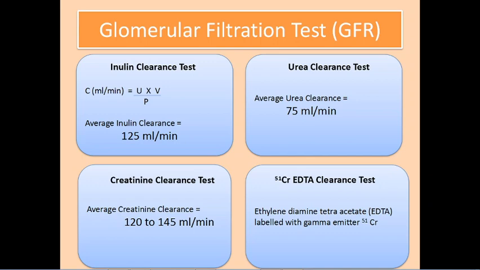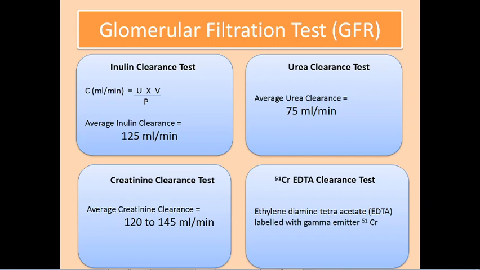As we know, the clearance formula is the concentration of inulin in urine in milligrams per 100 ml, into V, the urine output in ml per minute, divided by the amount of inulin present in plasma, expressed in milligrams per 100 ml.